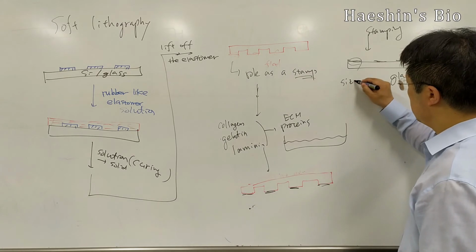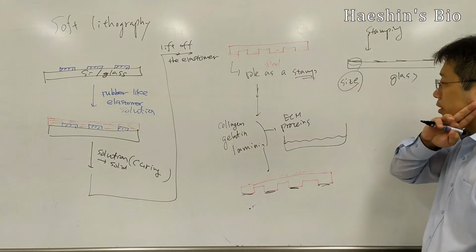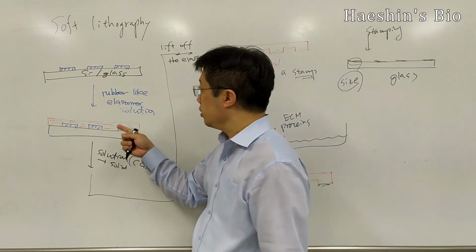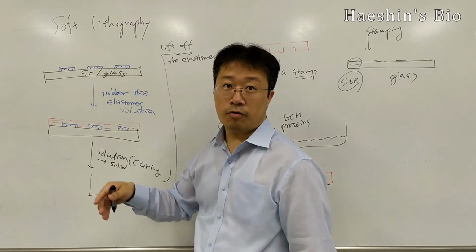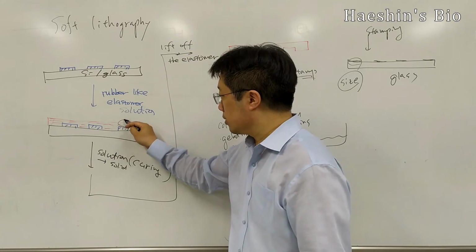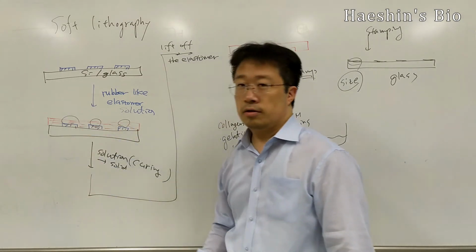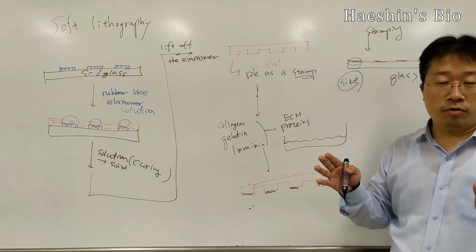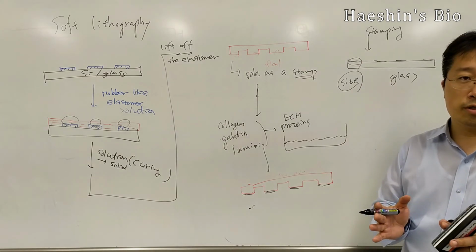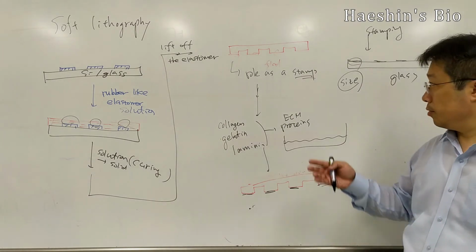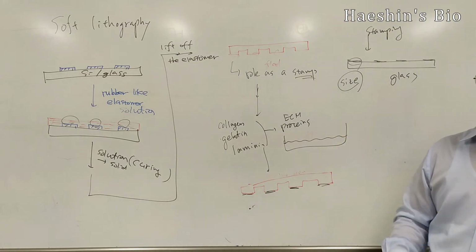The size or dimensions can be controlled depending upon the photo mask. I deleted the photo mask part. The photo mask was here initially. The size depends on the photo mask you design. So that is small, such as micron or nanometers, then there can be a line of nanometers, a line of micron.